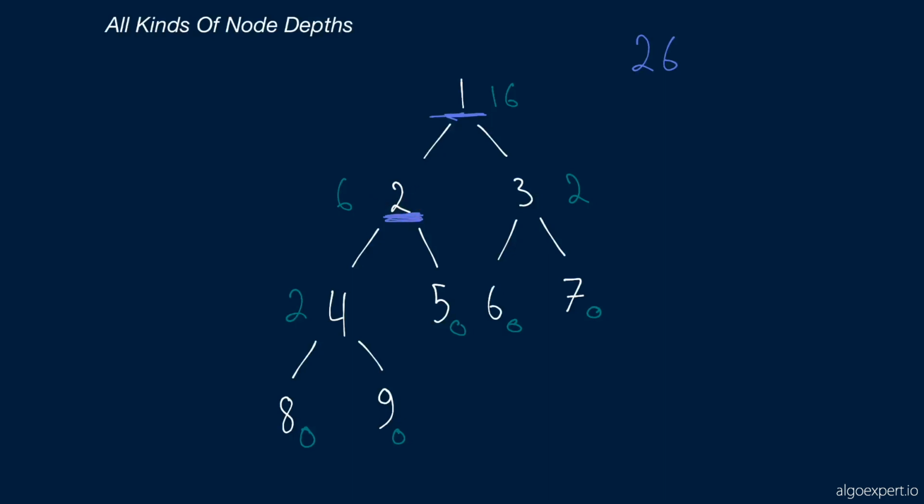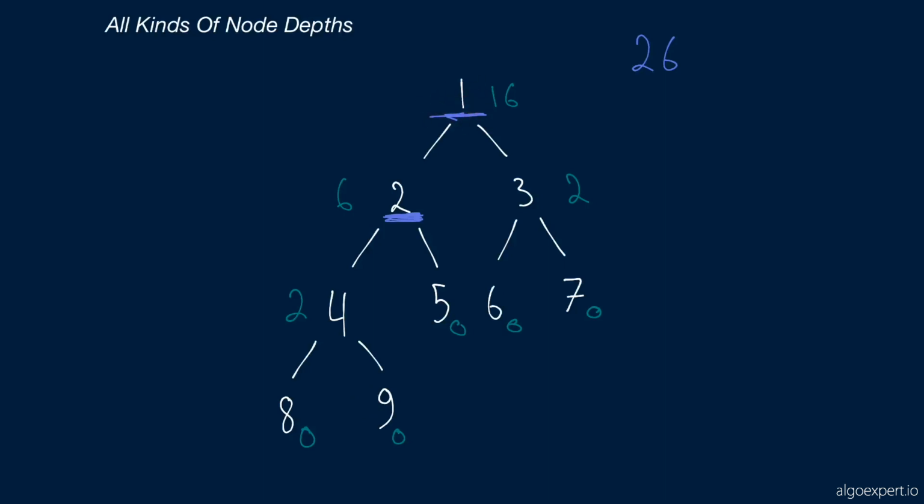So if you grab the depths of all of these nodes, 2, 4, 5, 9, and 8, if you grab their depths relative to 2, and then you add 1 to all of these depths, you get their depths relative to the node with value 1.